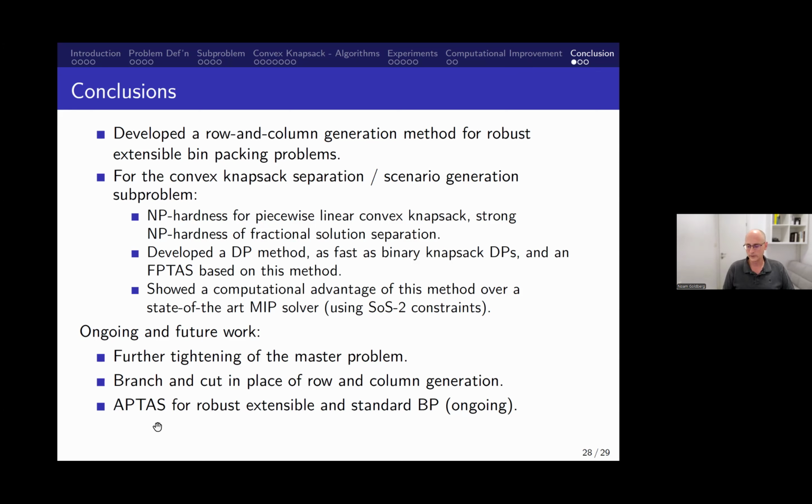And we can show in this ongoing work that there is actually an asymptotic approximation scheme, as opposed to gamma uncertainty, where in previous work we showed that no such scheme can exist. So that's theory work that's related but ongoing.